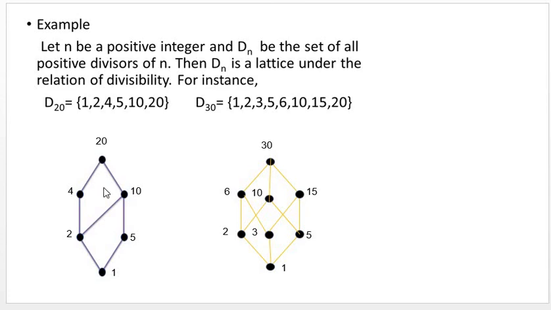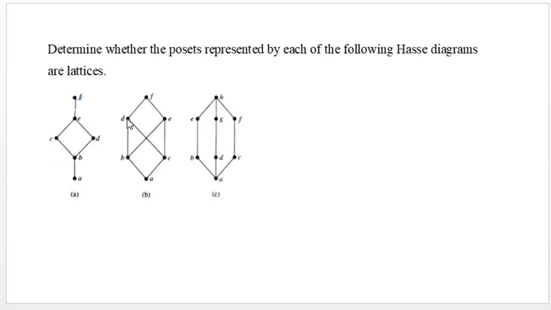Look at the Hasse diagram of D20. This is a lattice. Similarly, for n equal to 30, this is the Hasse diagram of D30, which is also a lattice. Now determine whether the posets represented by each of the following Hasse diagrams are lattices.